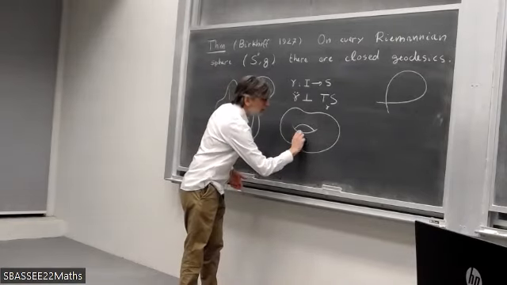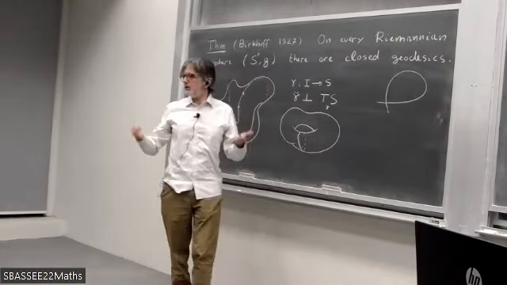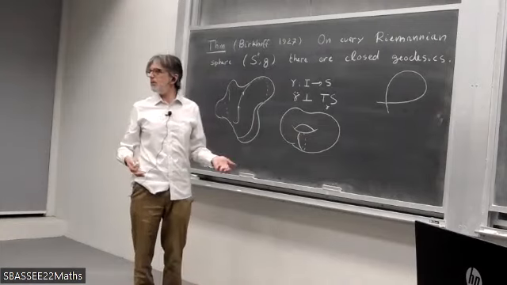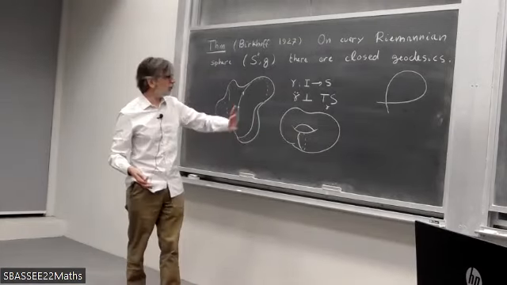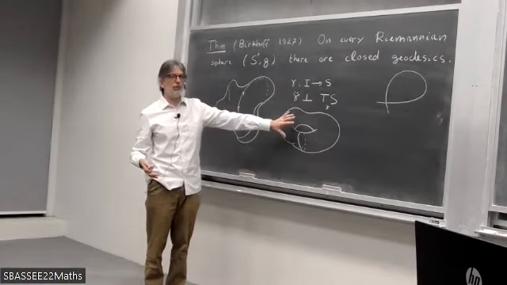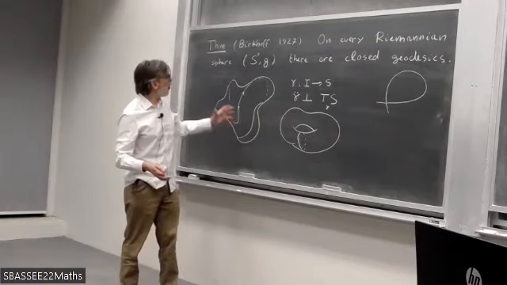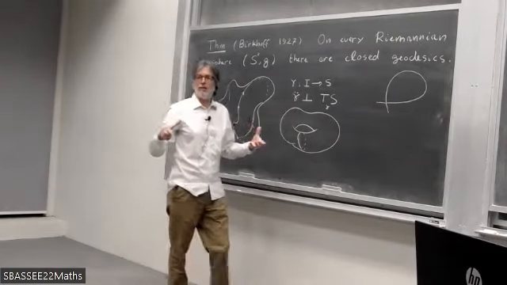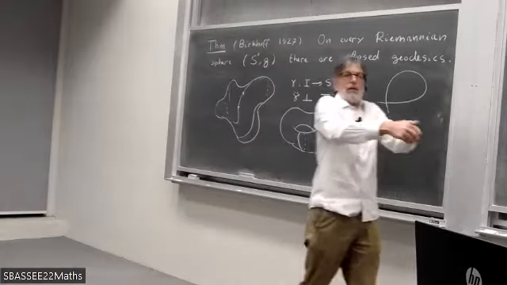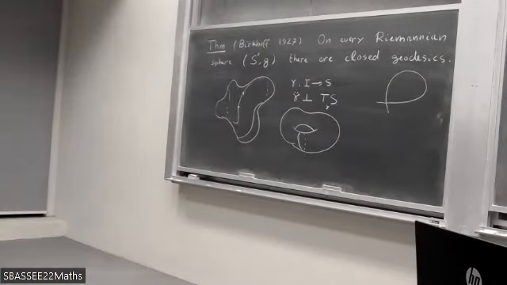It's easy to prove that there exist length minimizers, and this length minimizer will be a geodesic. So here I find the existence of a closed geodesic. On the sphere, of course, if you minimize length, the sphere is simply connected, you just contract to a point.